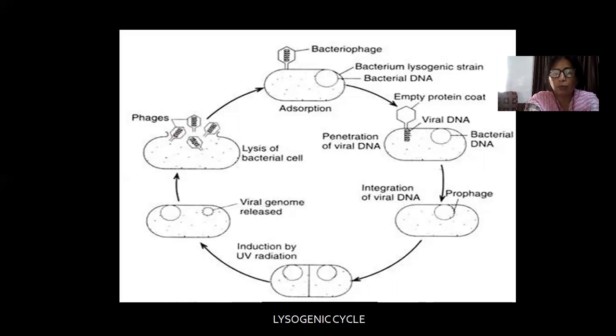As soon as it is released, in this cell itself, it stops the machinery of the bacterial cell and disintegrates it and follows the lytic cycle and makes copies of its DNA, that is, the viral DNA, and following the lysis of the bacterial cell, a numerous amount of phages are released.